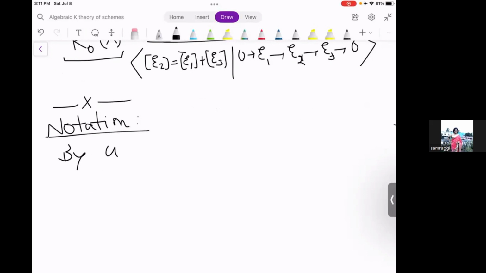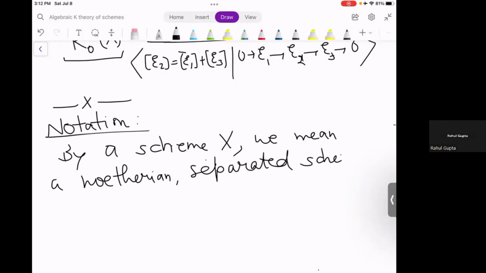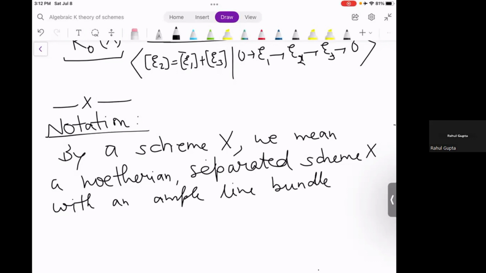By a scheme X, today we mean a Noetherian separated scheme with an ample line bundle.